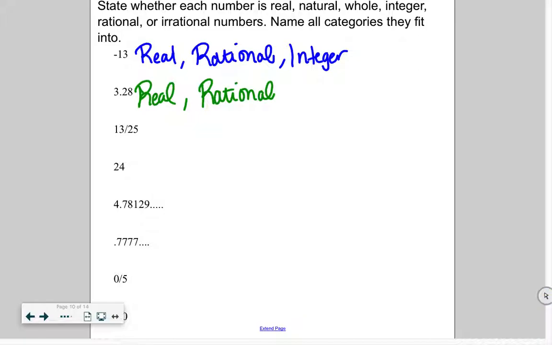What about 13 25ths? Real, and what else? Rational. Real, rational, correct. Next, $24. First classification: real.